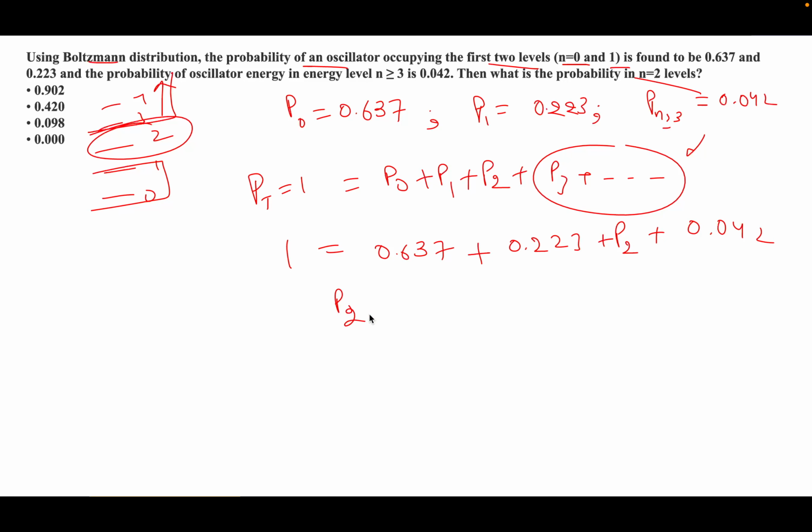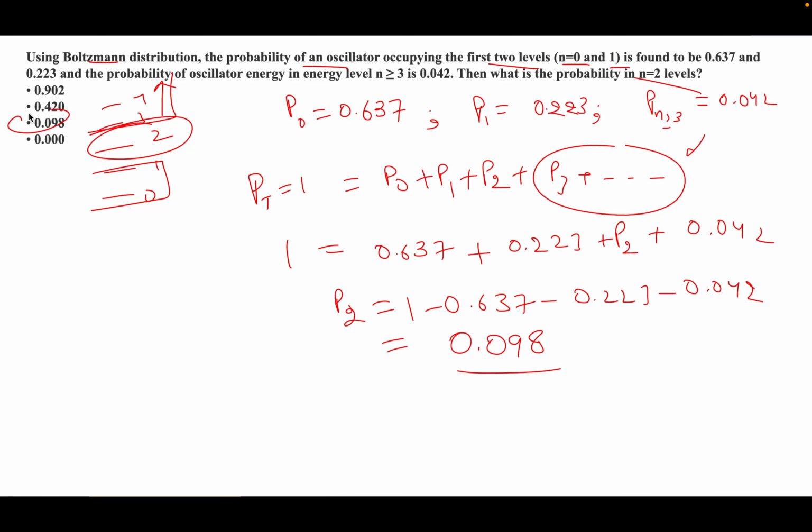So P2 is 1 minus 0.637 minus 0.223 minus 0.042. So this is 0.098. So this is the answer.